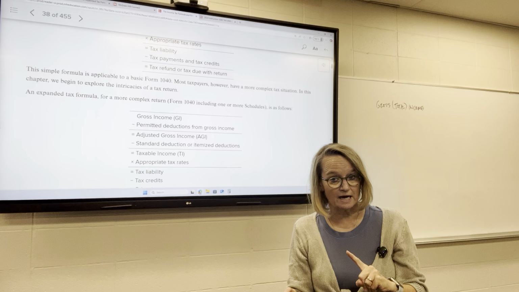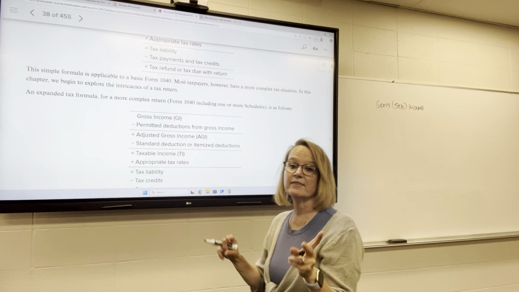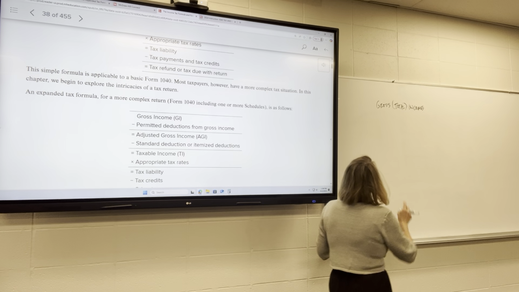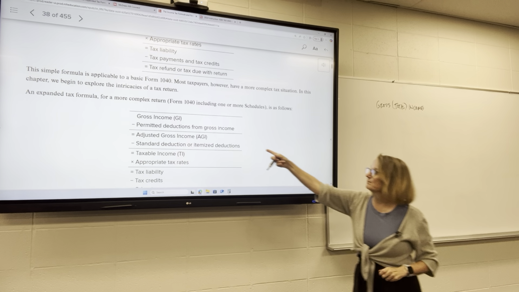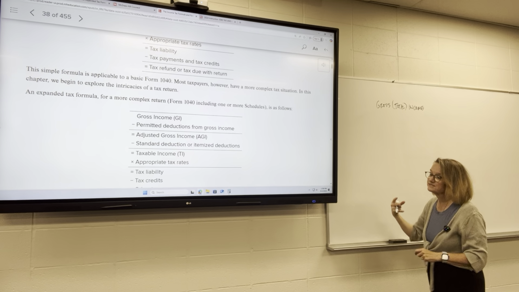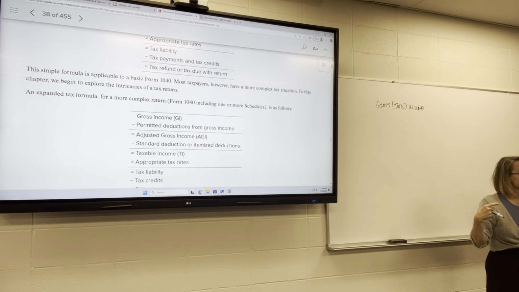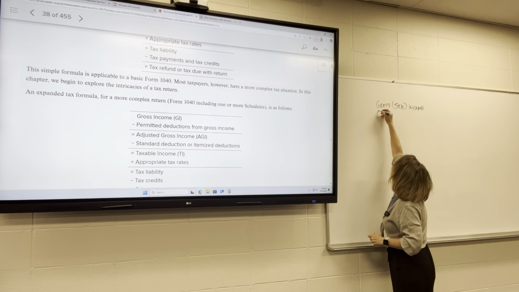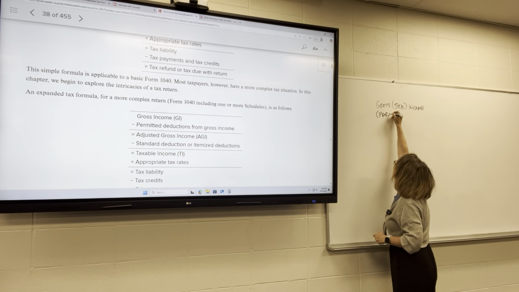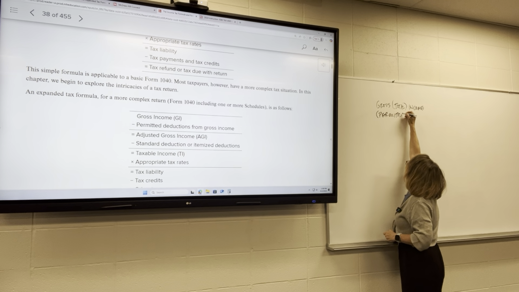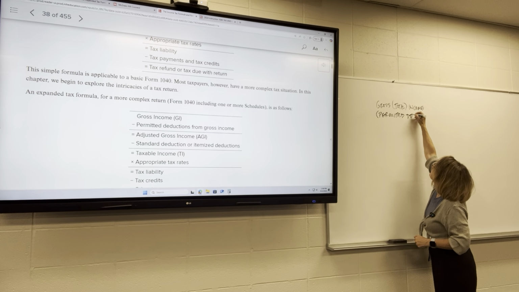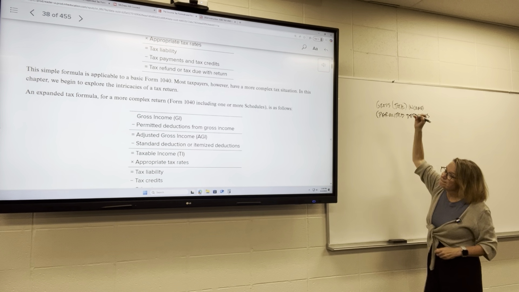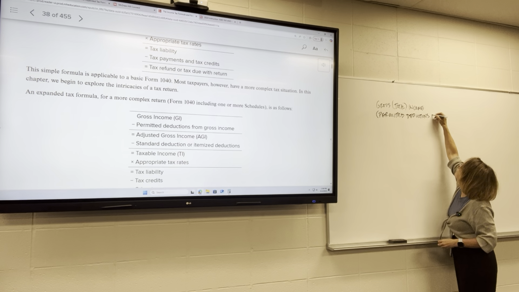First page is income, other income items, and then the second page is what we call adjustments to income. So this second type of permitted deductions from gross income, these are our adjustments. So we subtract those. Permitted deductions from gross income.